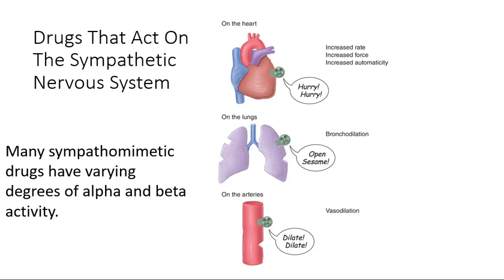The other thing that you want to keep in mind is that beta receptors can be broken even further down into beta 1 and beta 2 receptors, okay? Beta 1 receptors are found in the heart. Beta 2 receptors are found in the lungs. You have one heart and 2 lungs. You got one heart, beta 1, and 2 lungs, beta 2. So you want to keep that in mind.